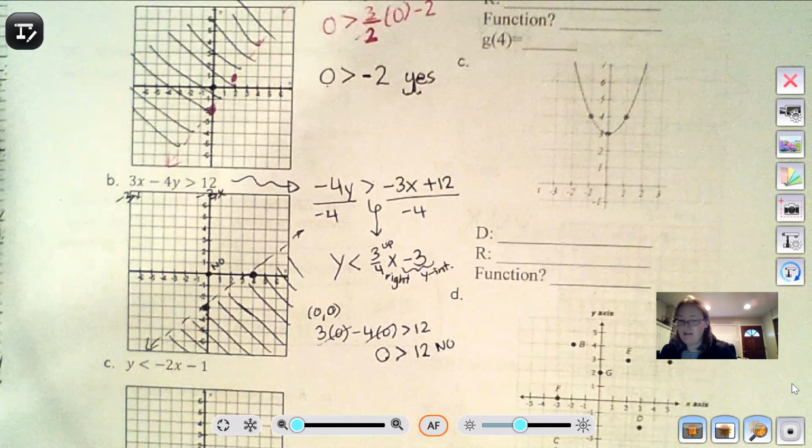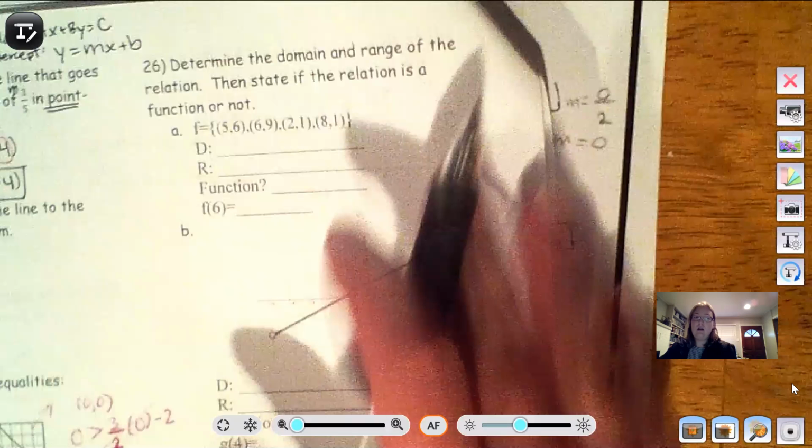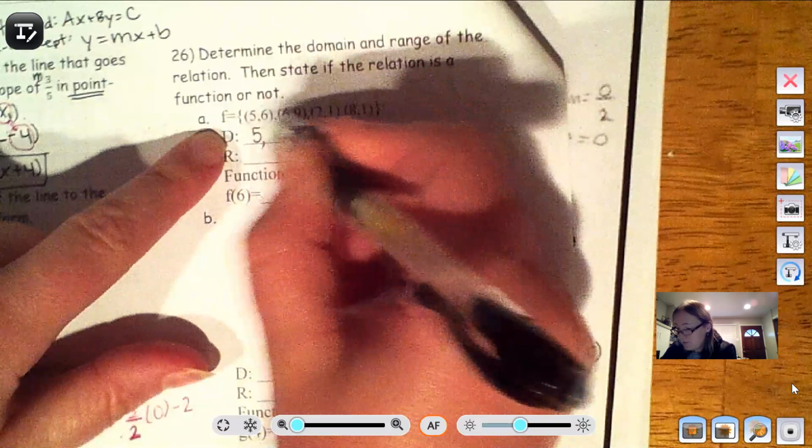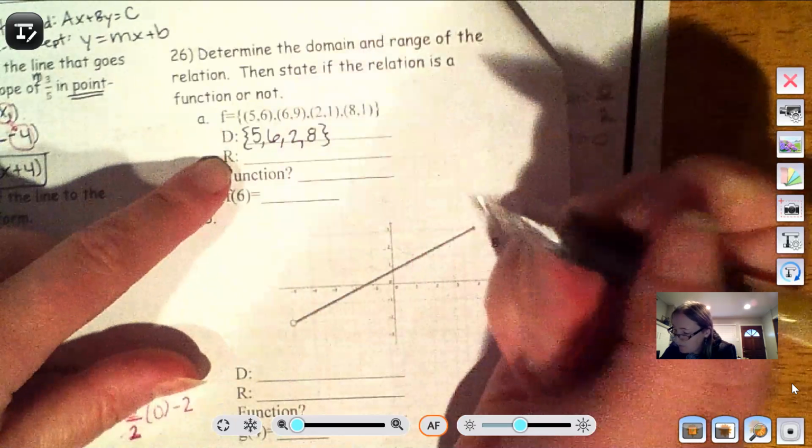Okay, great. All right, and then there's domain and range. If it's in a list, domain are your x's, and it's just separate, distinct x's. Your range are your y's.